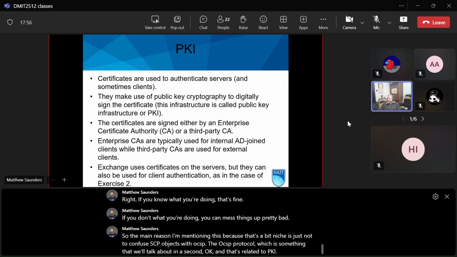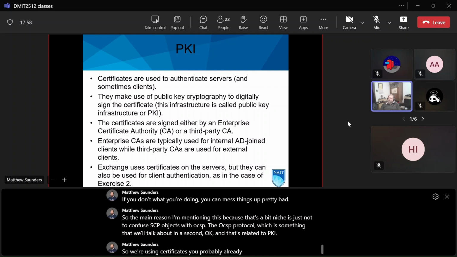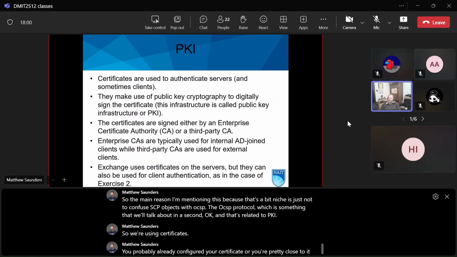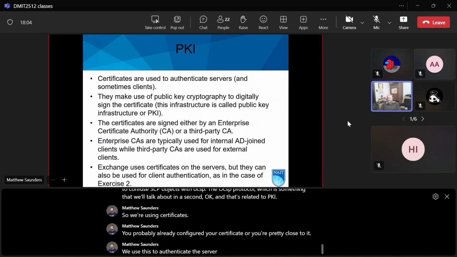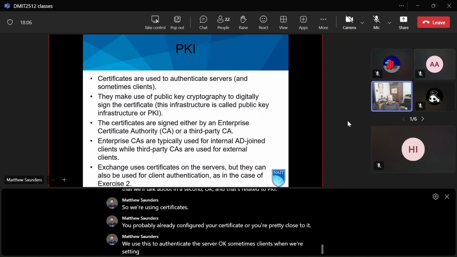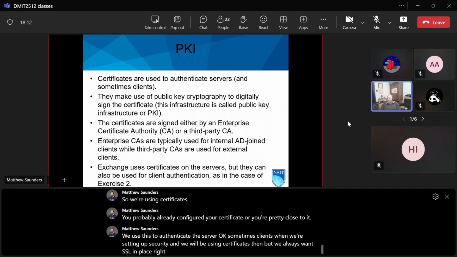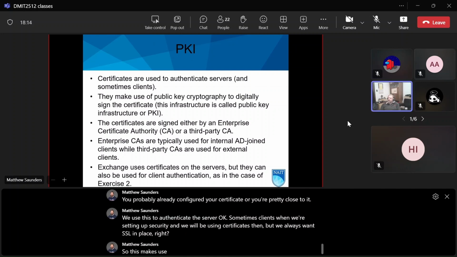So we're using certificates. You've probably already configured your certificate, or you're pretty close to it. We use this to authenticate the server. Sometimes, when we're setting up security, clients will be using certificates too, but we always want SSL in place, right? So this makes use of public key cryptography.